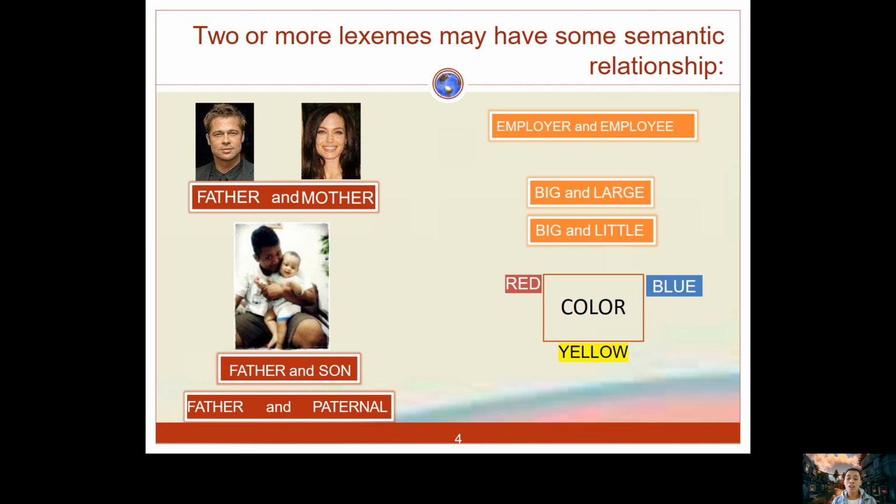We know color has many features like red, yellow, and blue.